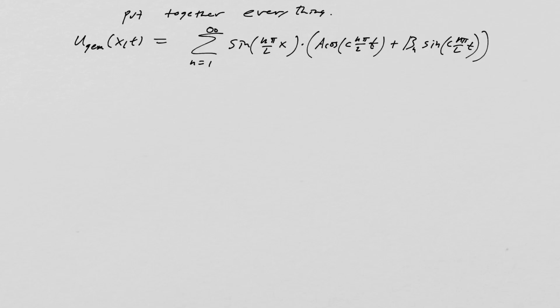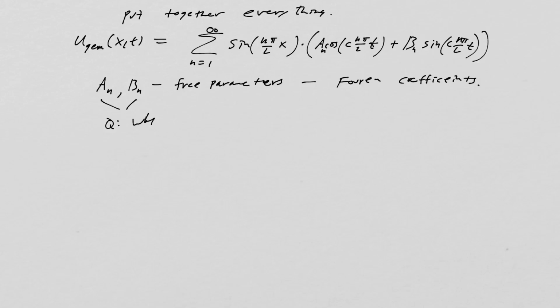What we can think about now is that an and bn are free parameters. These are, of course, Fourier coefficients. But the question you might ask is, why two?